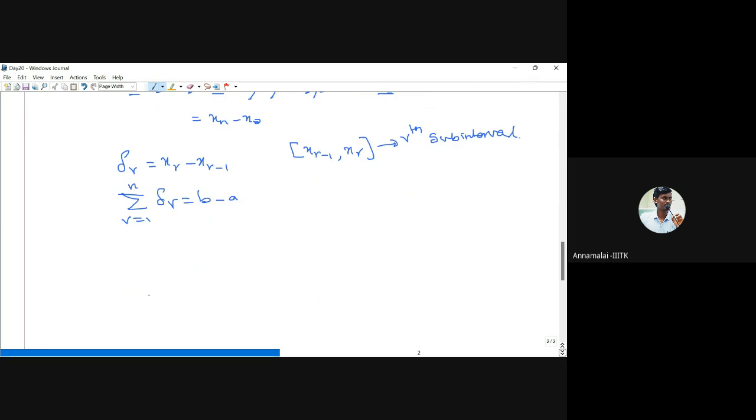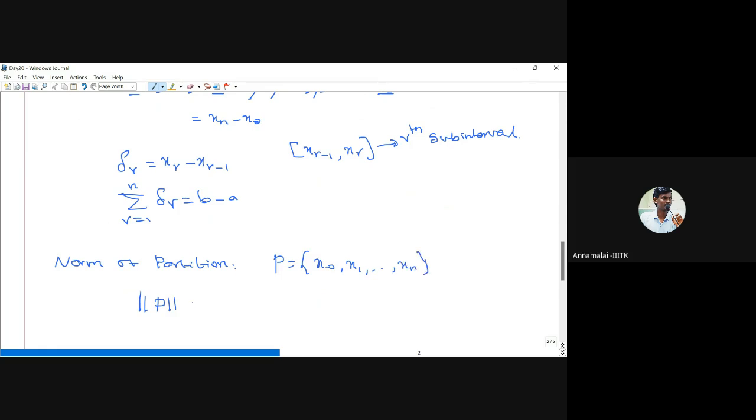If we take the maximum delta r, we define it to be the norm of the partition. So the next definition is the norm of a partition. Given any partition P, we can talk about the norm of P, where P is a partition like x0, x1, etc., x n.